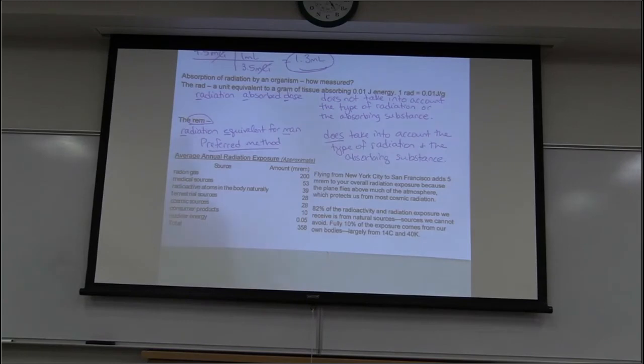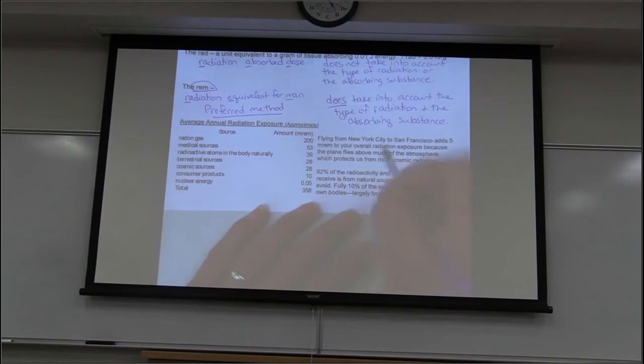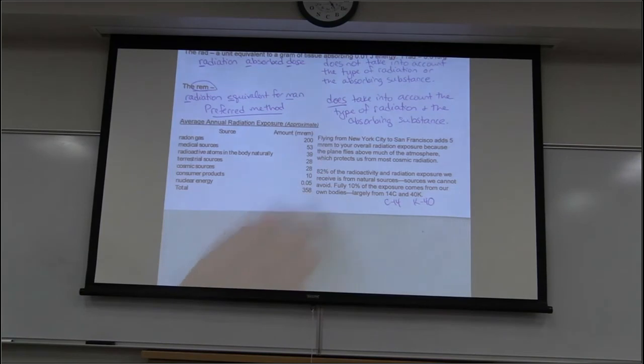You live with yourself. So here, this came from your textbook, the free textbook online. They wrote it as 14C. What would I write? Carbon 14 and then potassium 40. Those are two isotopes that are radioactive that are in your body, and you can't avoid the natural.